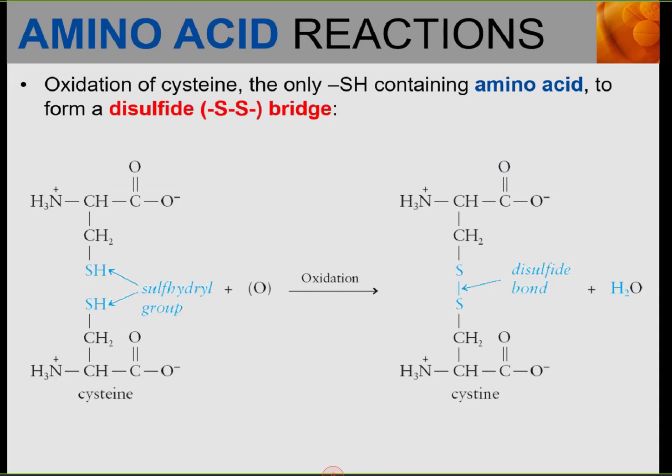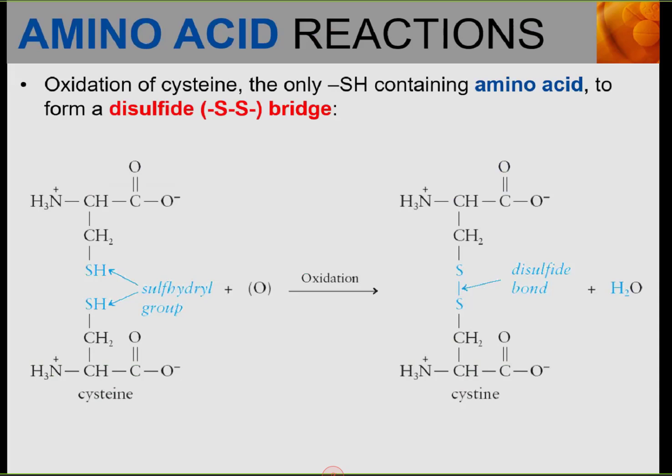One important reaction of amino acids, particularly when they are components of a protein, is the formation of a disulfide bridge or bond. You know this reaction from chapter 4 or 14, that two sulfides can be oxidized and form a disulfide bridge or disulfide bond.